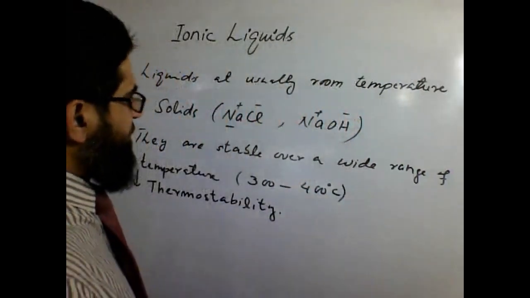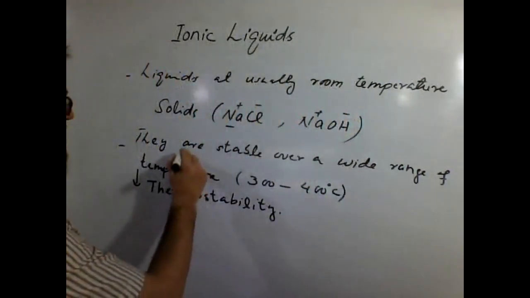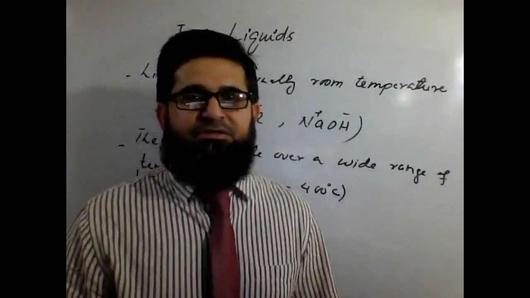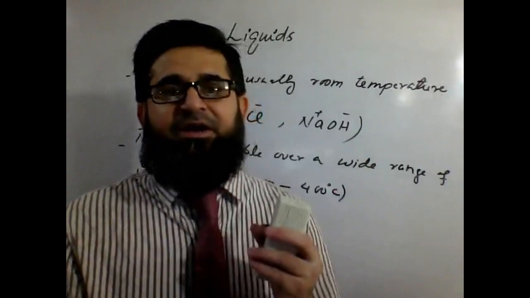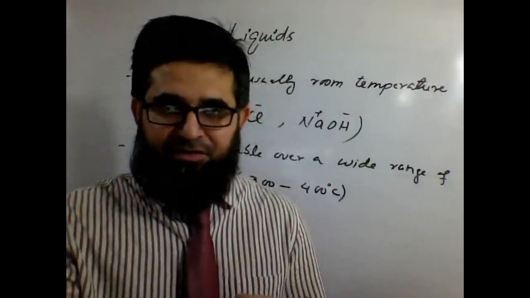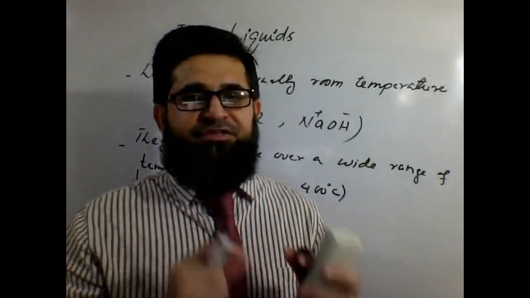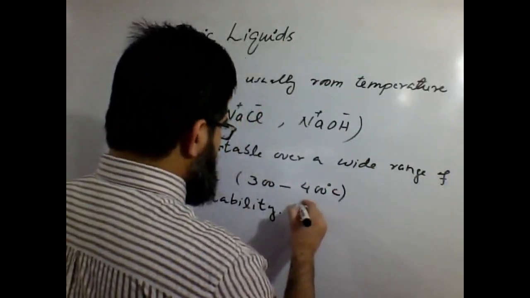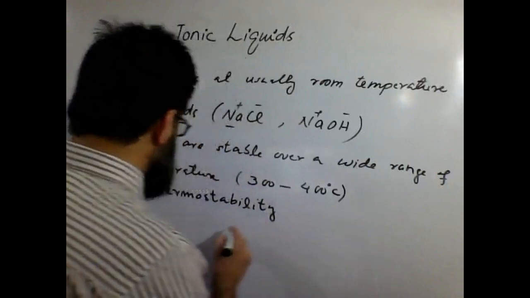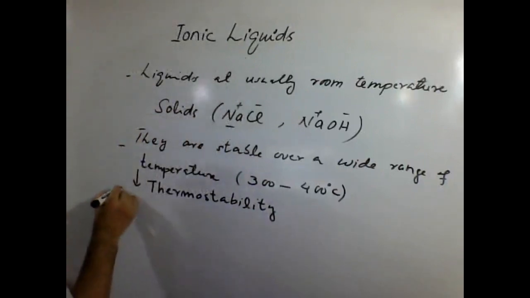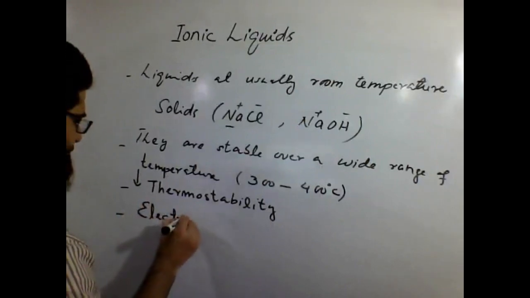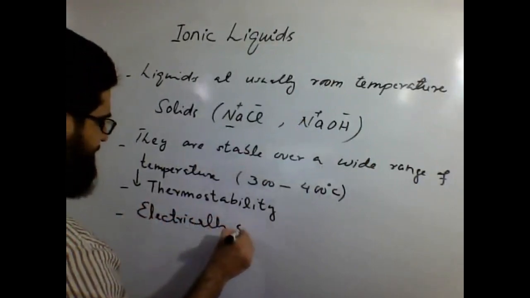Secondly, as I have told you, they remain in the form of ions, ionic liquids. They are in the form of ions and also in the form of liquids. No change in their physical state. So they are also called electrically stable as well. They are thermostable, and they are also electrically stable.